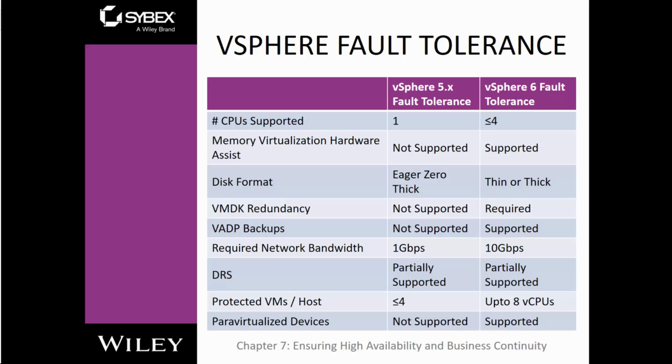So in the 5 series, it was one virtual CPU, and memory virtualization wasn't supported. In 6 it is. Disk format, thin or thick. The VMDK redundancy is now supported.